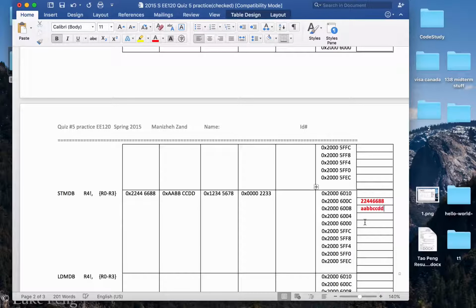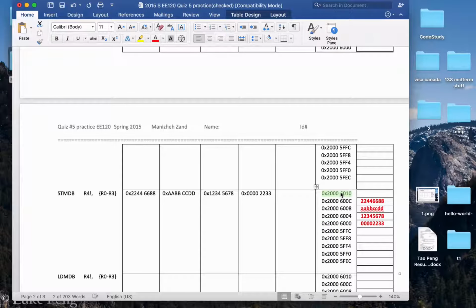bbccdd, decrease and store 1 2 3 4 5 6 7 8. I decrease, I store 00002233. Where's my final pointer? My final pointer is here. Why? Because I start here.